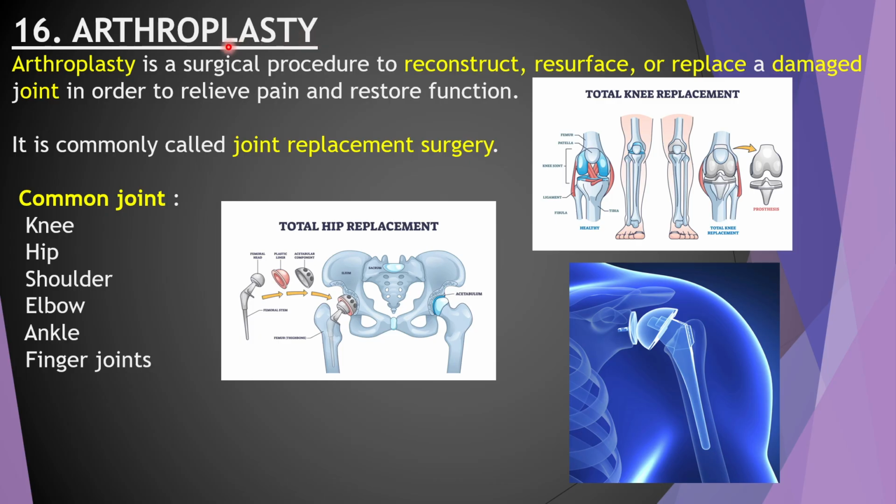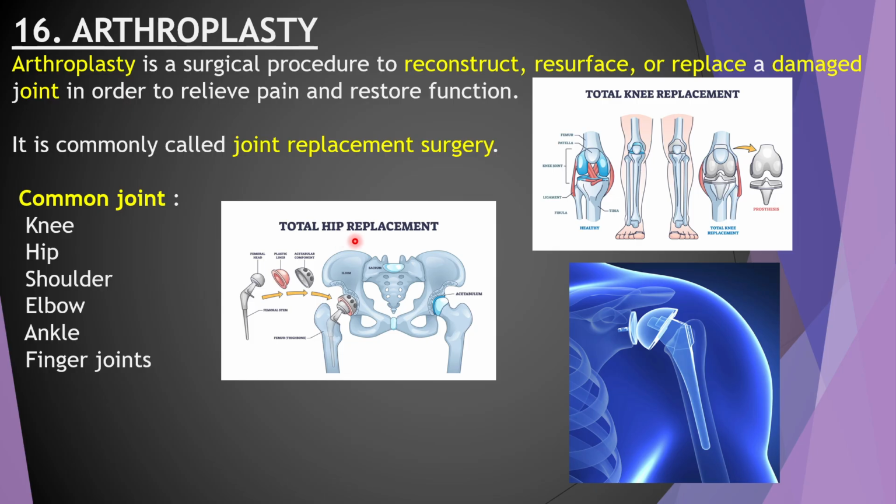So, the repair of the joint is known as arthroplasty. In medical terms, arthroplasty is a surgical procedure to reconstruct, resurface, or replace a damaged joint in order to relieve pain and restore function. The common joints are the knee, hip, shoulder, ankle, finger joints, etc. And it is commonly known as joint replacement surgery.